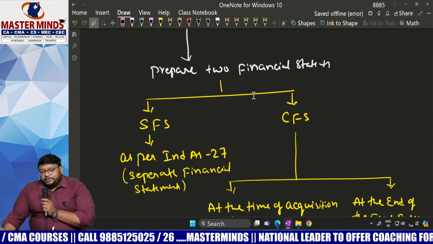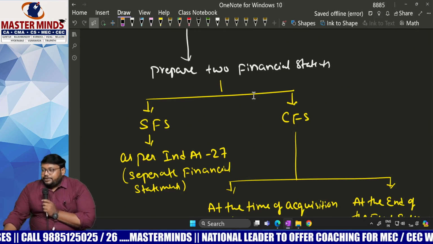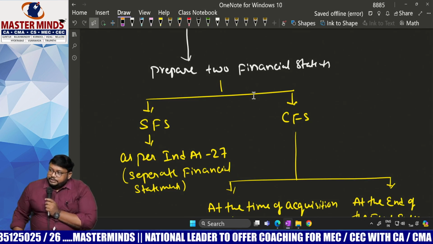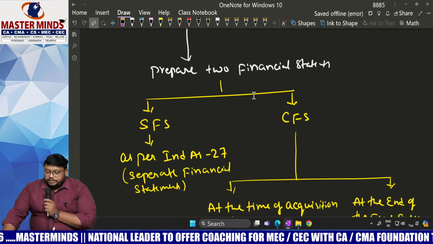And at the end of the year, Ind AS 110 will apply. Is this after acquisition or before acquisition? After acquisition. After acquisition, at the end of the year, we will apply Ind AS 110 for the consolidation.